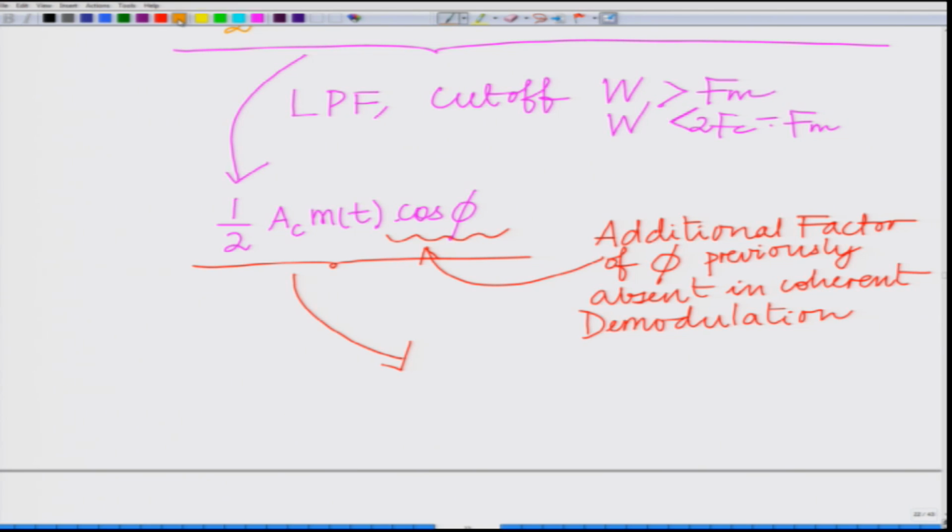The power of the demodulated signal is 1 by 4 A_C squared, the power of the message signal, times cosine squared phi.